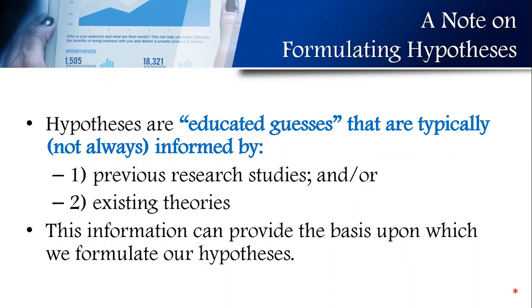While this is not always the case in research, and there are some studies that do not base their hypotheses on previous research studies or existing theories, typically researchers tend to have some basis upon which they formulate their hypotheses. And again, this includes previous research studies and existing theories, which set the tone for the formulation of hypotheses.